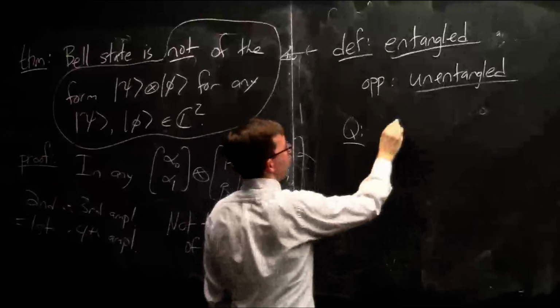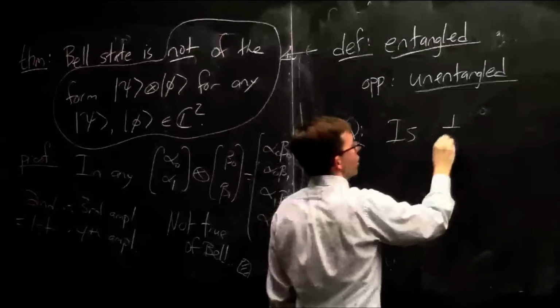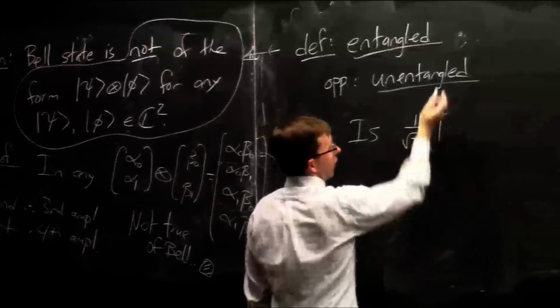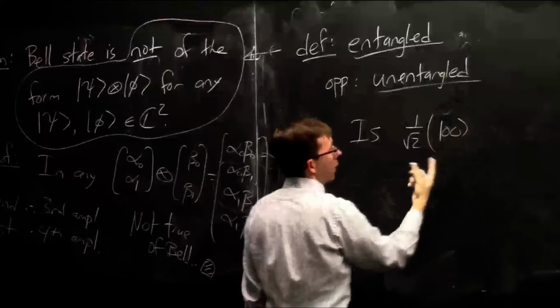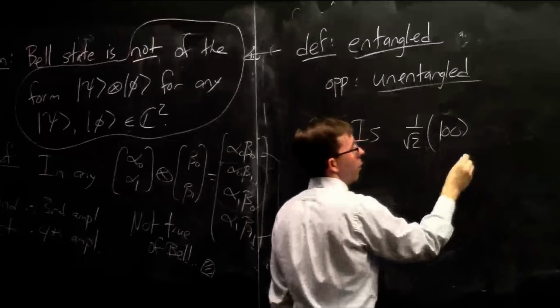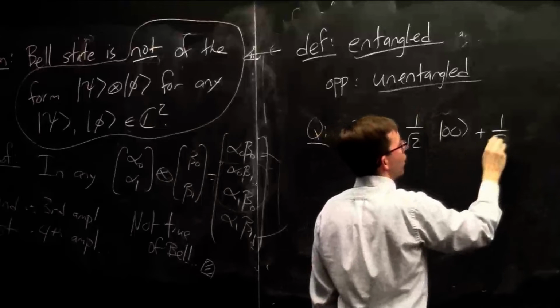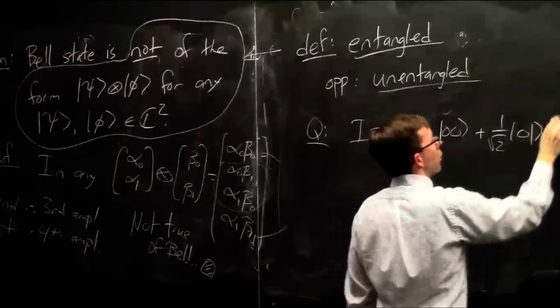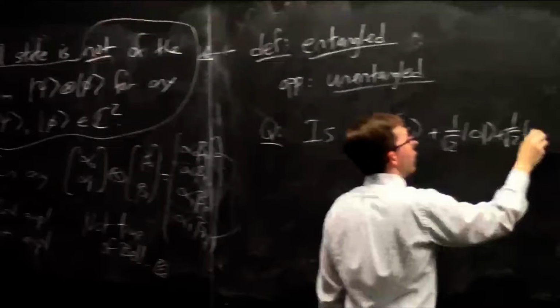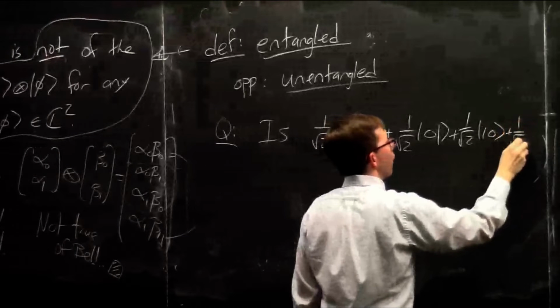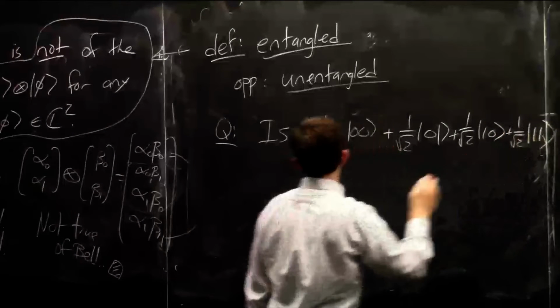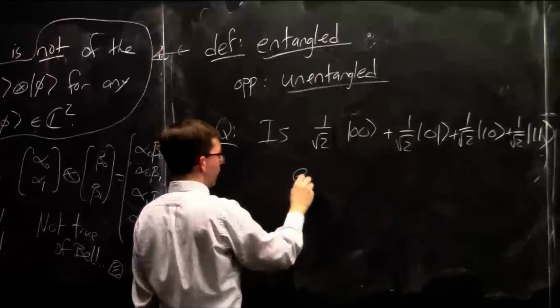Here's a state. 1 over root 2 times, I'll take advantage of some linear algebra notation to factor out the 1 over root 2. Well, let me not do that yet. 1 over root 2, 0, 1, plus 1 over root 2, 1, 0, plus 1 over root 2, 1, 1. And ask, is this state entangled?